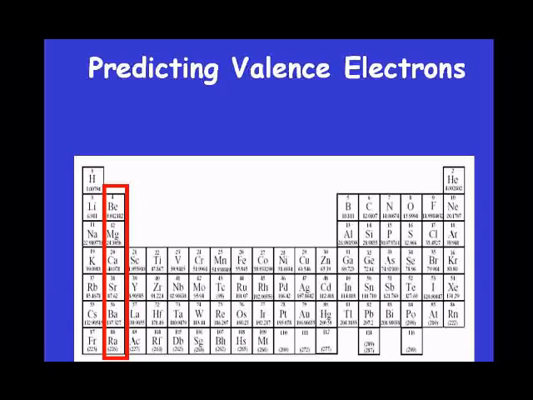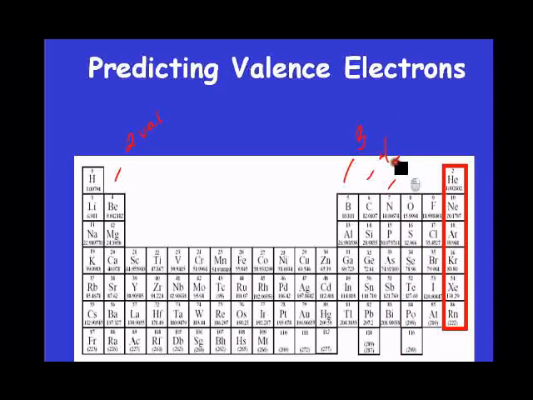If you notice the group number, group number 2 will have 2 valence electrons. Group 3 will have 3 valence electrons. Group 4 will have 4. Group 5 will have 5. 6 will have 6. 7 will have 7. And group 8A will have 8. Now remember, these are for our representative groups. This does not hold true for our transition metals.